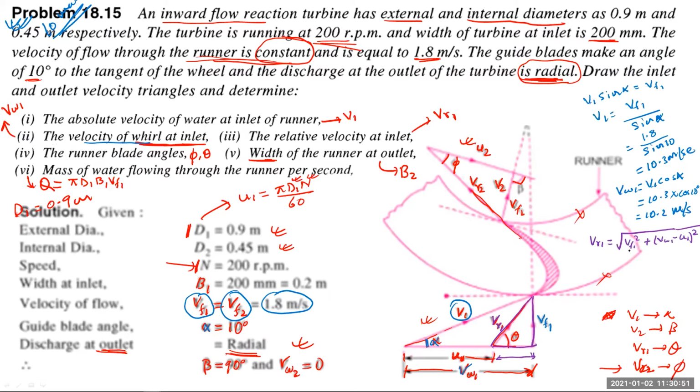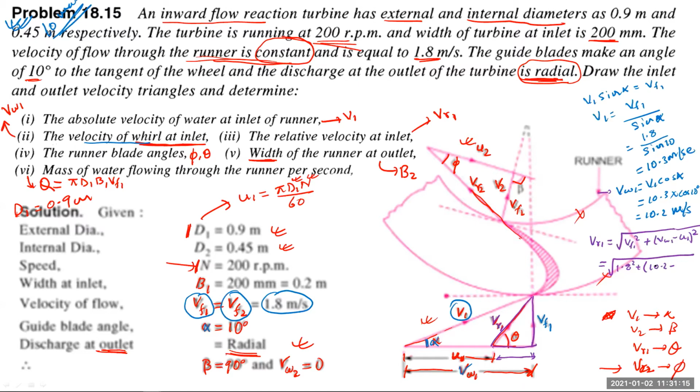You know the value of Vf1, you know the value of Vw1, and u1 you have calculated just now. Substitute those values and tell me the answer. Vf1 is 1.8, squared, plus Vw1 is 10.2 minus u1.